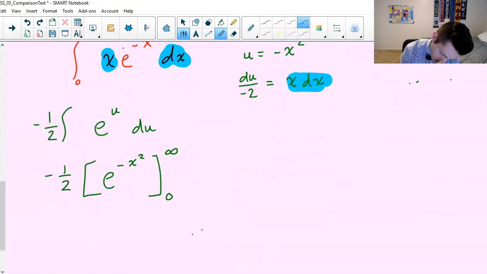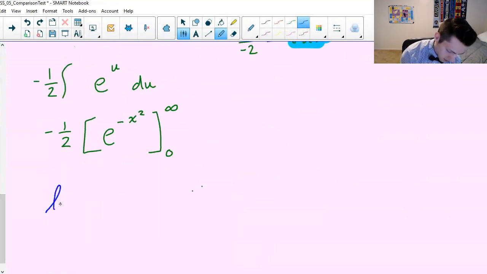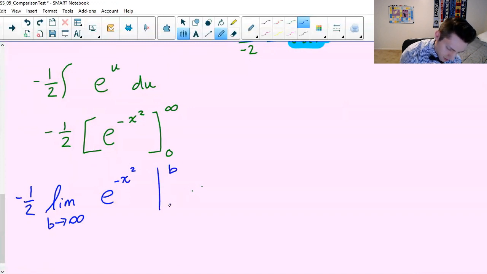Okay, so we can't actually plug in infinity, so we'll take a limit here. I'll bring that negative 1/2 in front. And let's replace infinity with b.